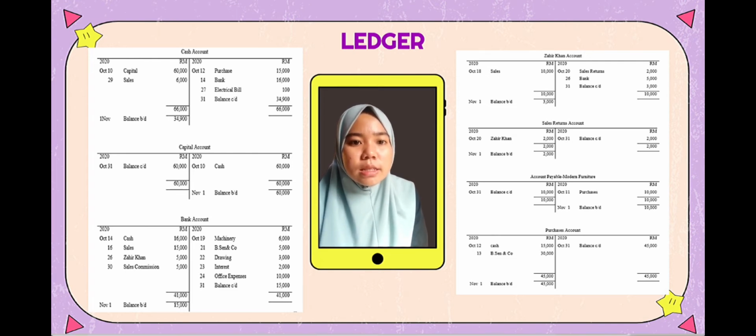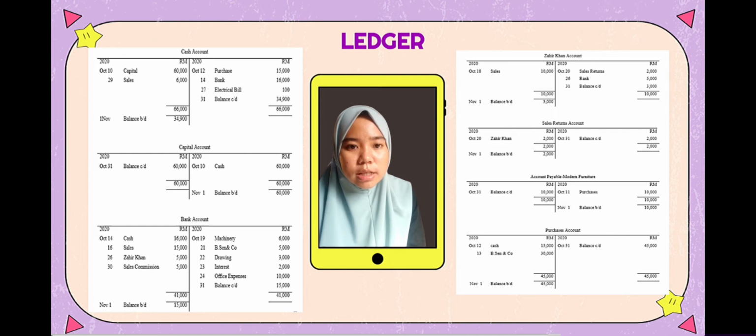From bank 16,000. Electrical bill 100 and the balance is 34,900. The total is 66,000. Is it the same? The total is the same. And the balance on 1 November is 34,900.